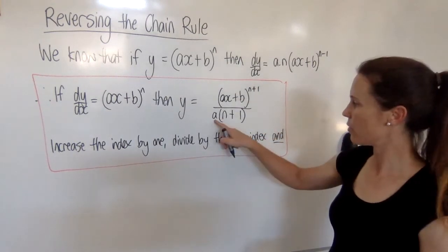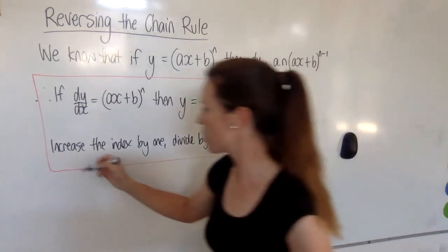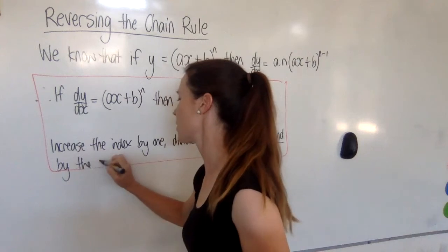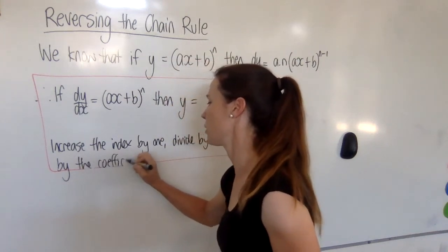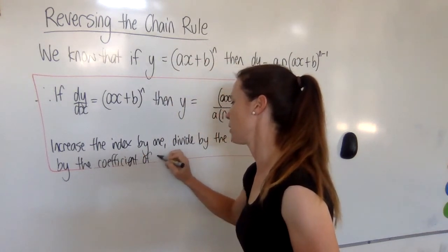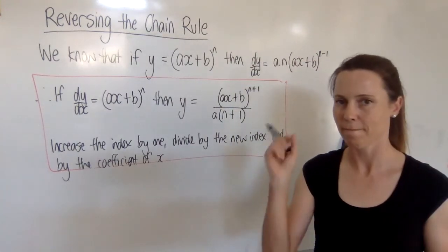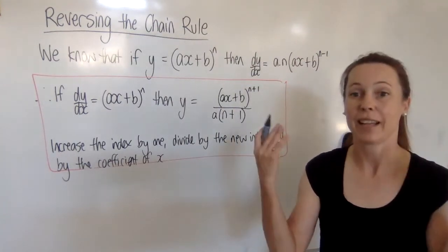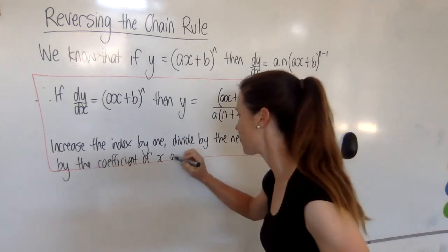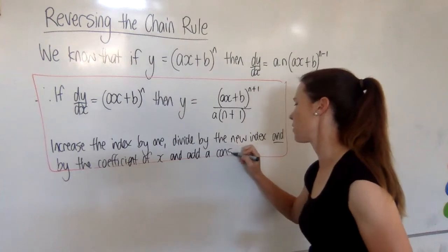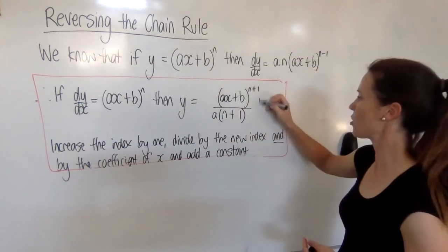Now we could say that we're dividing by a by saying it's the coefficient of x, and by the coefficient of x. And there's something that we can't forget at the end. What is it? You're getting this by now. We need to add a constant. So what we had up here wasn't finished.